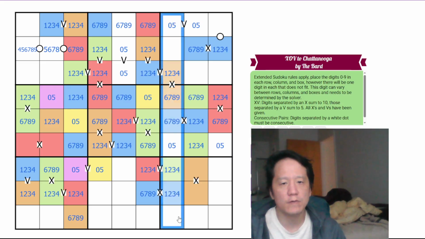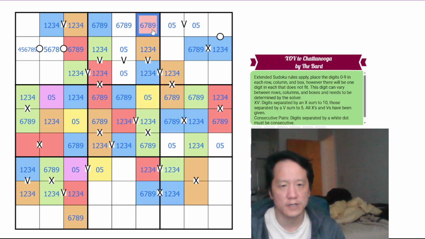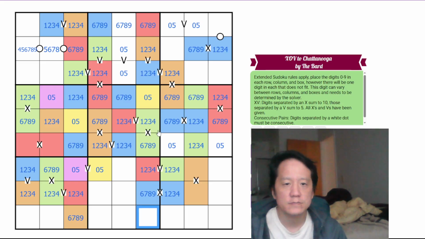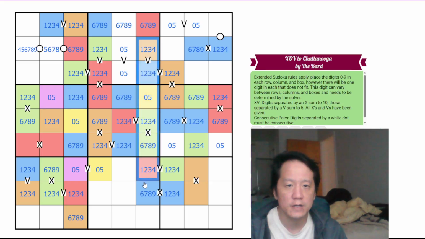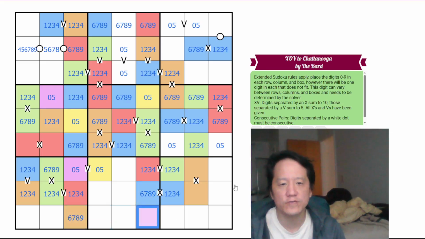How about column 6? It's either the pink 0, 5 or it's the high orange. It cannot be high orange, therefore this is the pink 0, 5, because this is high orange here.